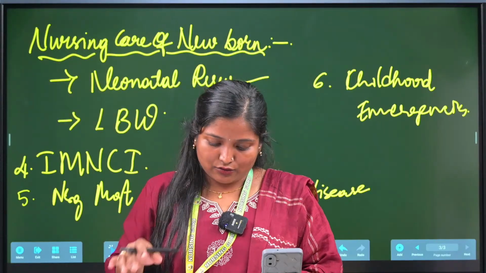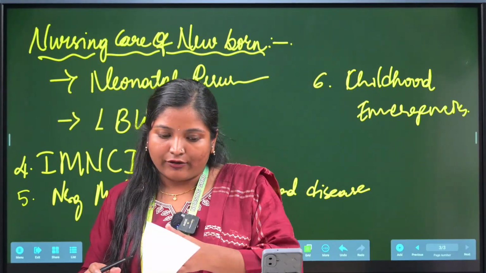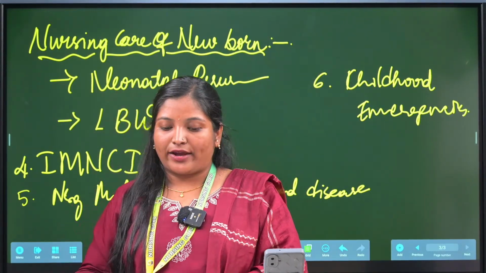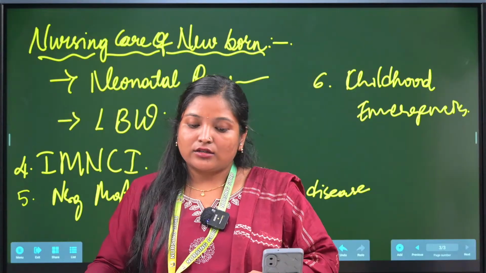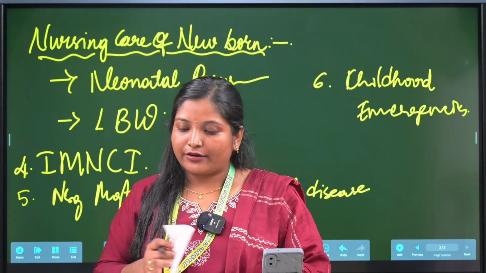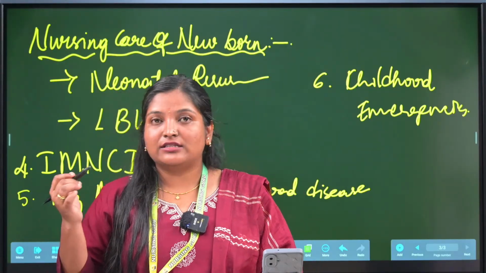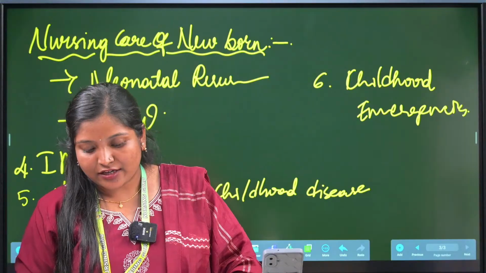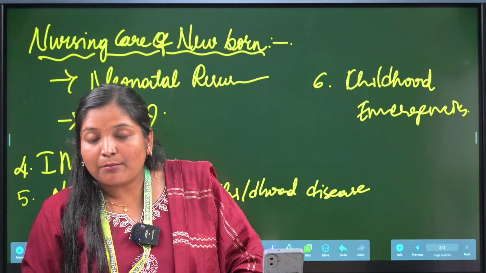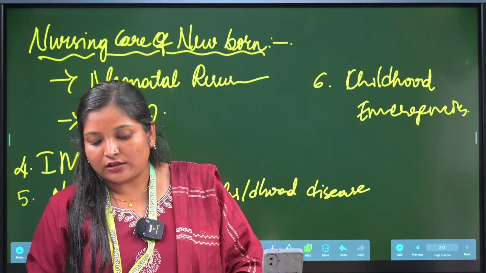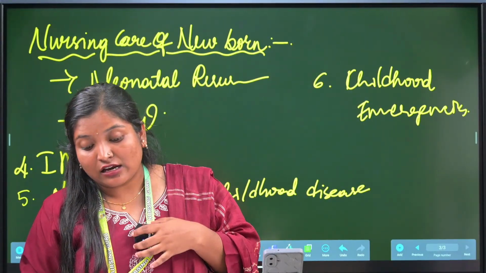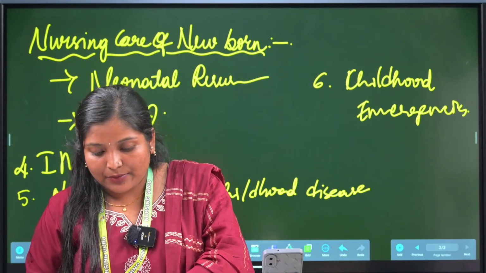Next, we will see part 2. Here we have only one unit, and it is all based on the systems, so it is system wise. In the cardiovascular system, whatever disease conditions come, you need identification and nursing management of congenital malformations of the heart, then congenital heart diseases, for example ASD, VSD.